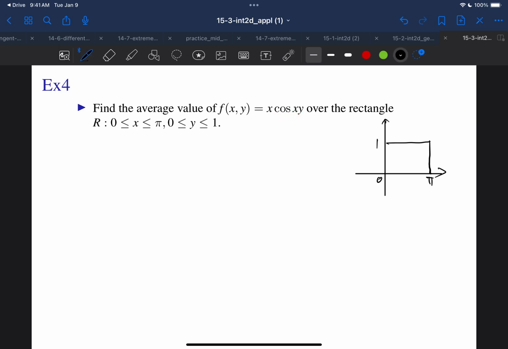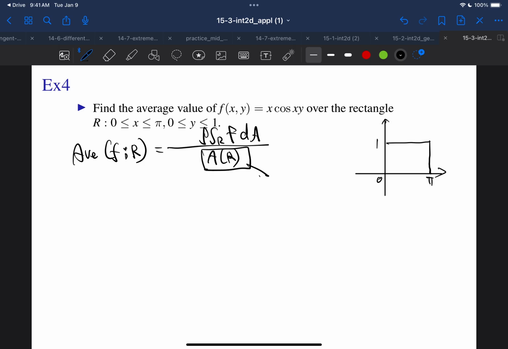So average value of f over R is going to be the double integral of f dA over A of R. And because of rectangle area, we don't need to place a coin of face value 1 in the region and take the double integral. This is not necessary because for rectangular domain, we can directly find this as 1 times pi, width times length, which is just pi. So the remaining computation comes from computing the numerator.